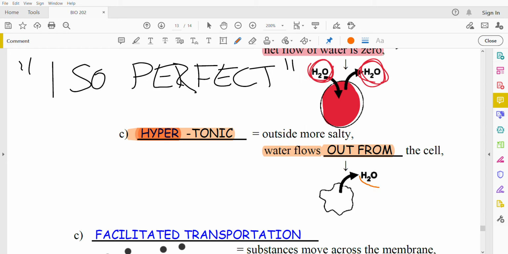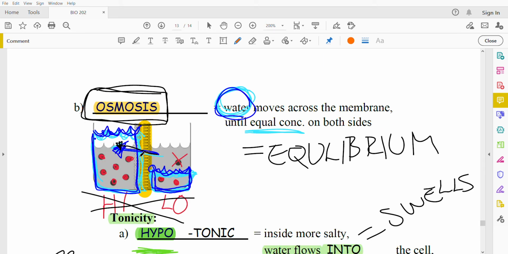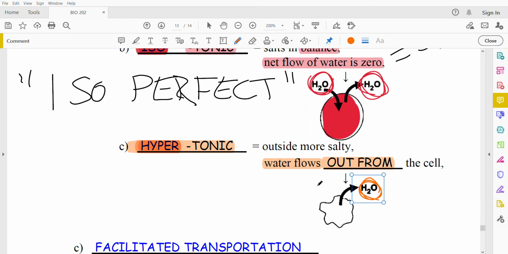Again, you remember this relates to the concept of osmosis. As water is flowing out from the cell, the cell gets smaller, it shrinks. It can eventually even dry up if the difference is too large.